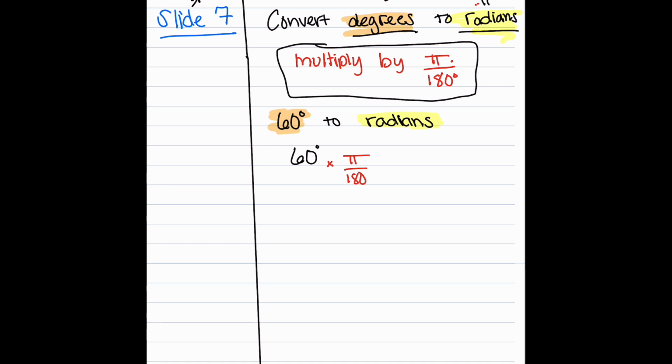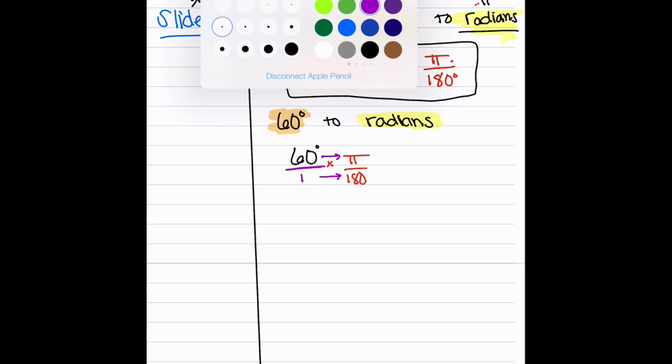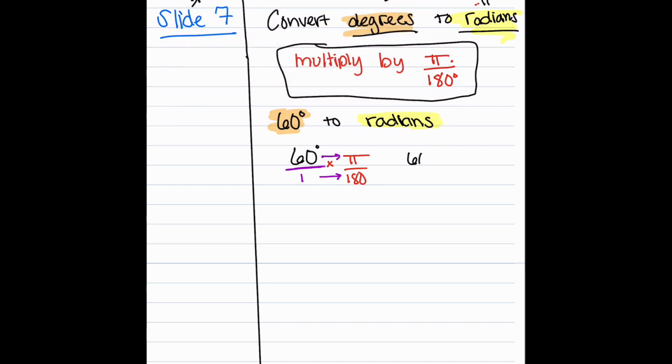Now when you do that, you actually just multiply straight across, numerator with numerator, denominator with denominator. And you don't even have to multiply by pi, you can just write it, 60 pi, like that. 1 times 180 is 180. Cool, so I'm on my first step of converting that degree to a radian.